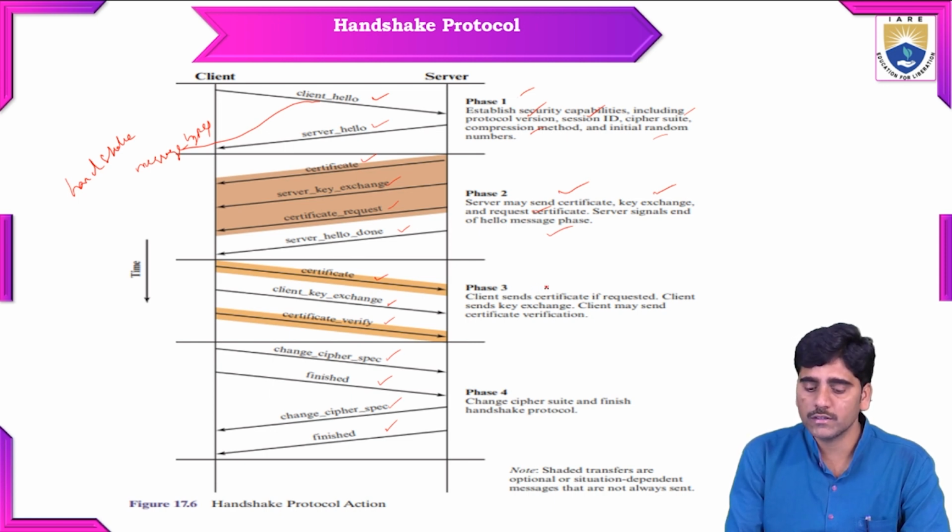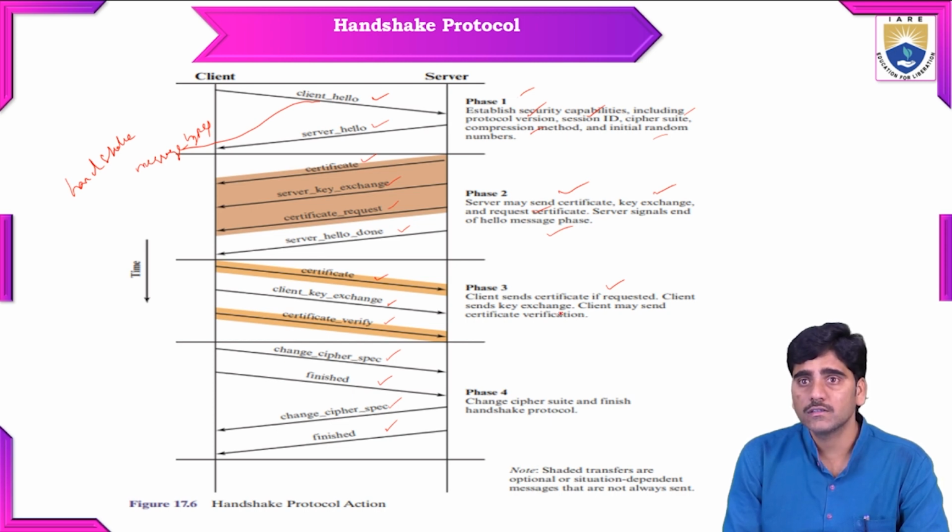And next, the third phase: client sends certificate. In the second phase, the server sends a certificate and requests one from the client. Now in the third phase, the client sends the certificate if it is requested by the server, and the client sends key exchange.